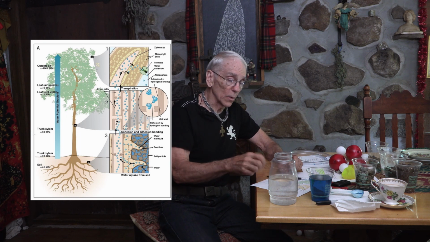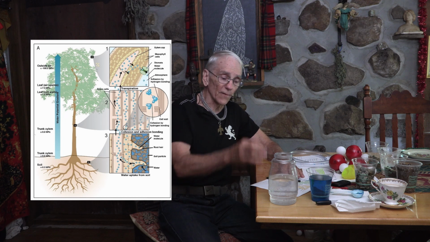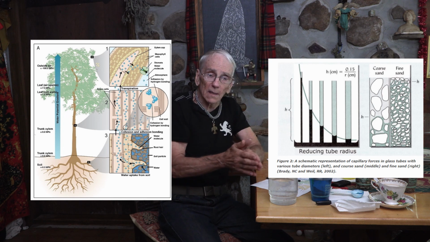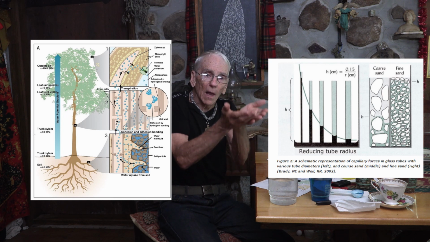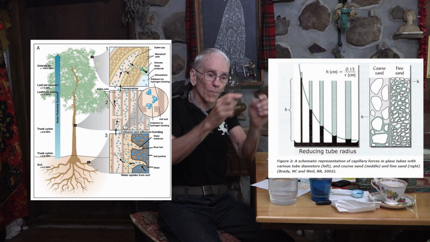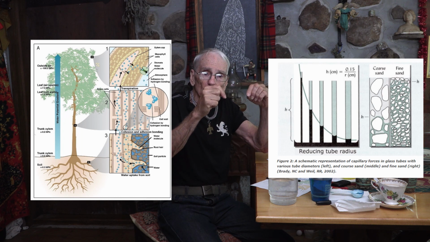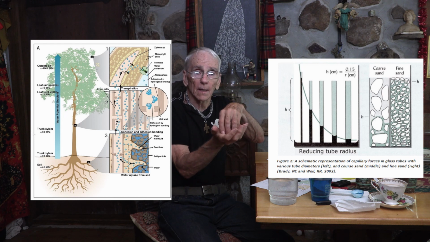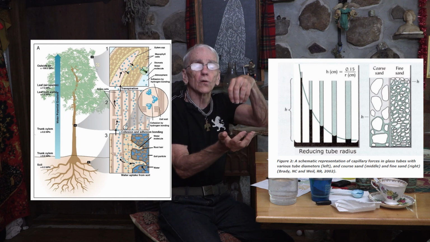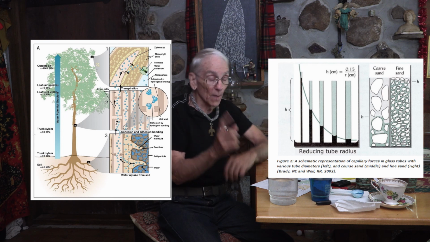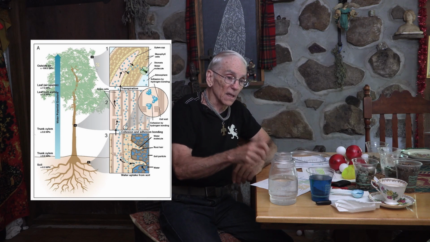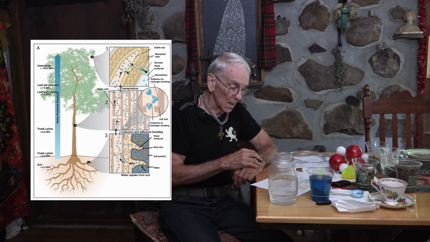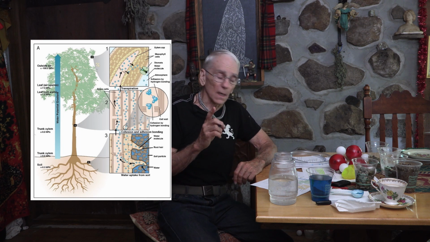And remember, when we were looking at capillary action, if I take a very narrow pipette and stick it in water, water in that pipette is going to travel up inside that tube by the adhesive forces drawing the water up, and the water molecules sticking together in cohesion, so it pulls the water column up. But again, it won't pull it all the way up the tree just by capillary action. So how does it get to the top of the tree?